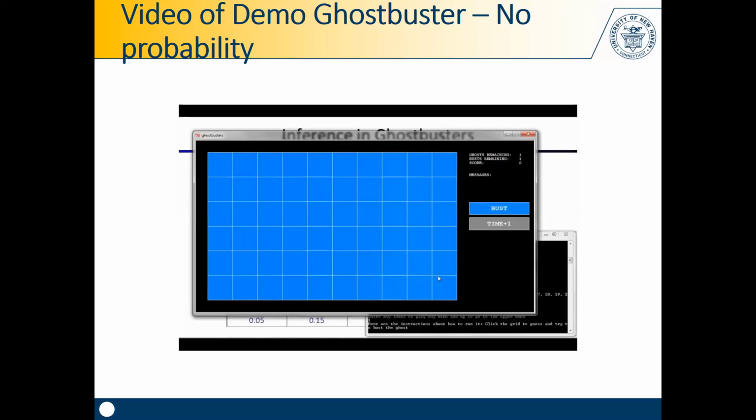If we're on top of the ghost, usually we'll get red, but we could get green. We don't know ahead of time. It's a noisy sensor. If we're further away from the ghost, the probability of red goes down, probability of orange goes up, yet further away yellow will be the highest probability, and then yet further away green will be the highest probability. So let's see if we can find this ghost, and at some point, we get one shot at trying to bust it.